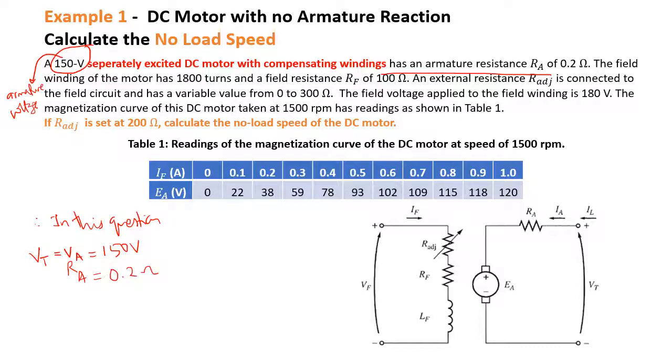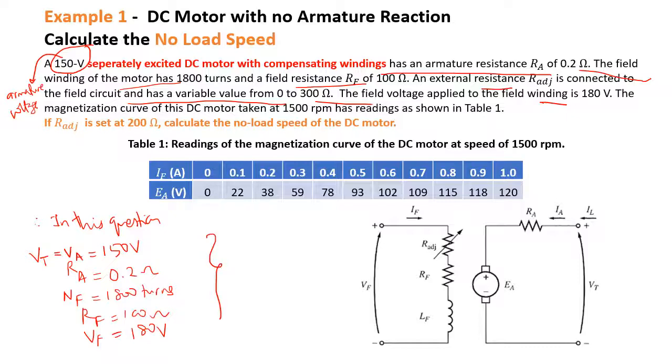The field winding has 1800 turns, so NF is 1800 turns, and the field resistance is 100 ohms, so RF is 100 ohms. The adjustable resistance is variable from 0 to 300 ohms, and the field voltage is 180 volts, so VF is 180 volts.